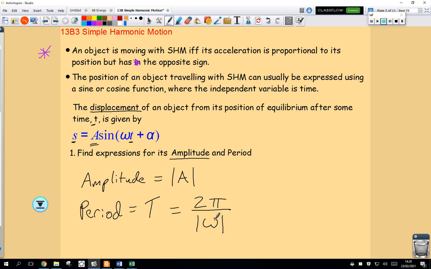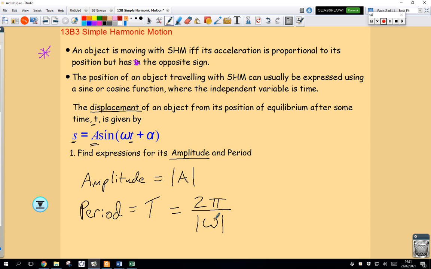So that's the period and amplitude. You have to be able to look at questions where they describe the displacement of an object from its position of equilibrium after some time, and identify what the amplitude and the period are if they give you the trigonometric function.